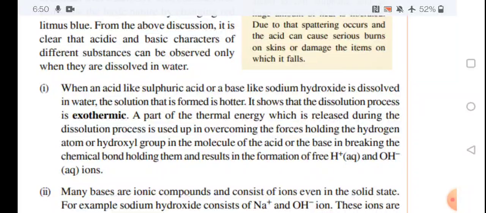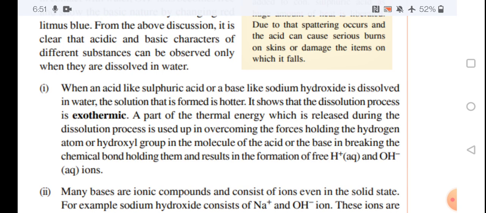When an acid like sulfuric acid or a base like sodium hydroxide is dissolved in water, the solution becomes hotter. It shows that the dissolution process is exothermic, because while mixing the acid or base with water, energy is evolved.